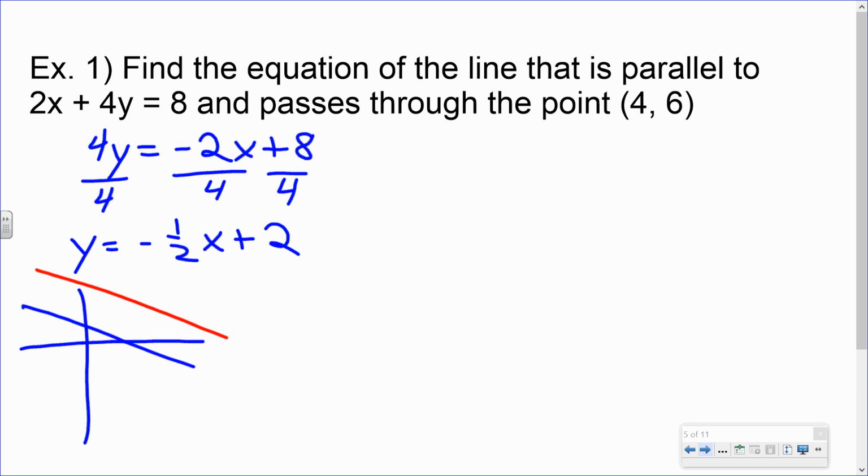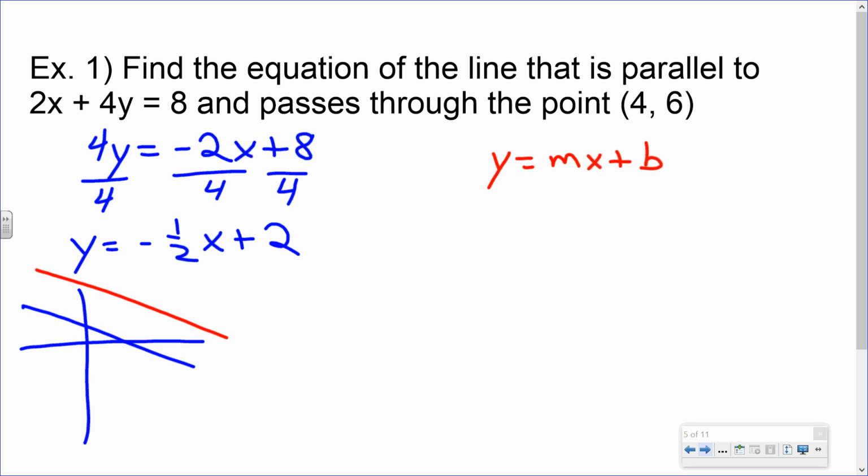What do I need to do now? You've been doing these for a couple of years. Help me out. What are we going to do next? What's the next step going to be? Hope? Okay, so I know that my red line has a y equals mx plus b equation.